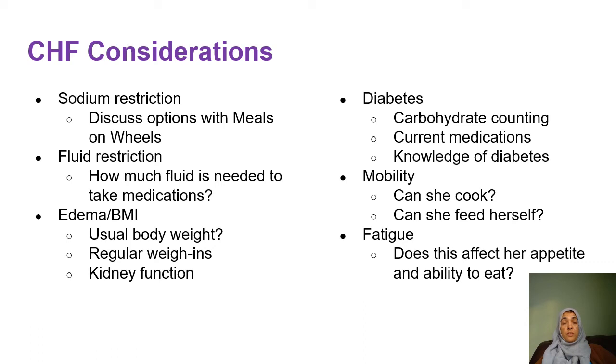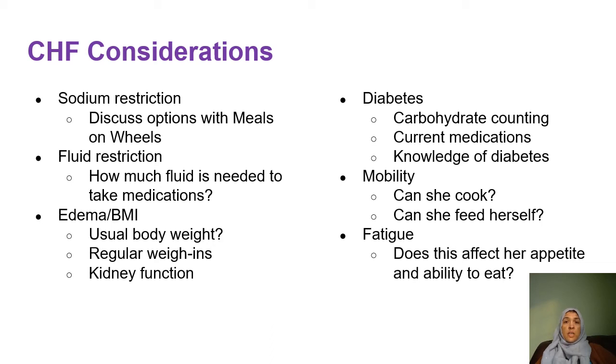So we have to keep the volume within a safe range to prevent excess exertion of the heart. Her BMI is class 1 obesity, but it also includes the excess fluid retention, which is shown by her edema.